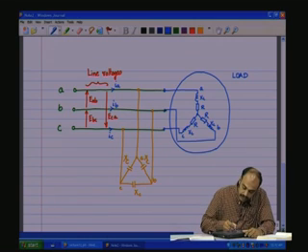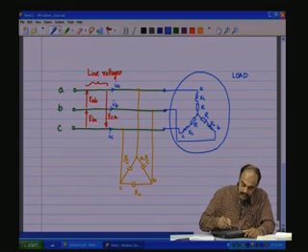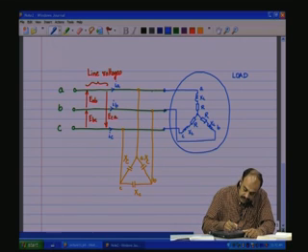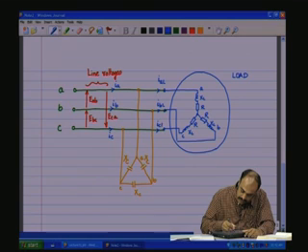Now, at this point, let the currents get split between the capacitive reactive load and the RL load. So, let us distinguish them by the following symbols. We have, let us say, IAL, IBL, ICL.